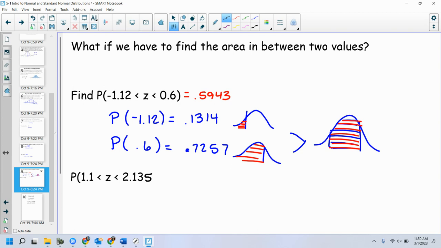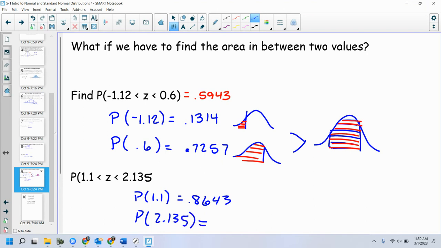Okay. So you may be thinking, well, I can't do that. I don't know, that's not on my table. Well, what's the probability of 1.1? Let's do that first. 0.8643, right? Okay, probability of 2.135.